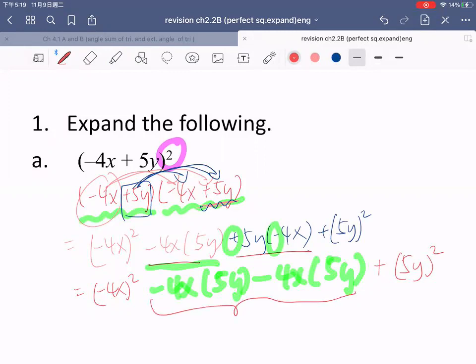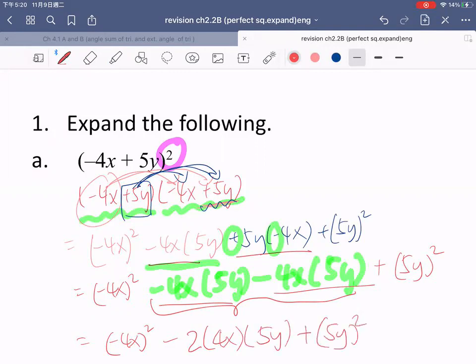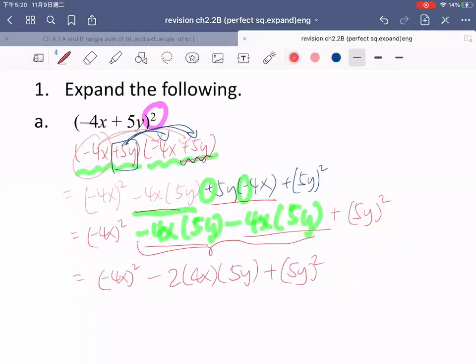Okay, so can you multiply this one? In fact, we have 2 times minus 4x times 5y, right? So we have this. In fact, we are doing this: minus 2 times 4x and 5y, plus 5y bracket squared. So we have minus 4x bracket squared, which is 16x squared, right?